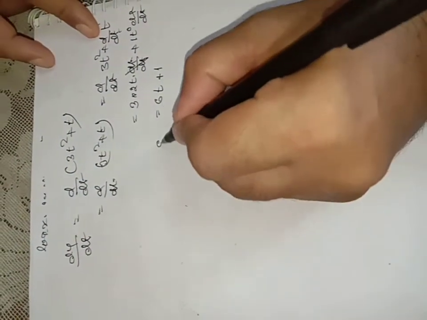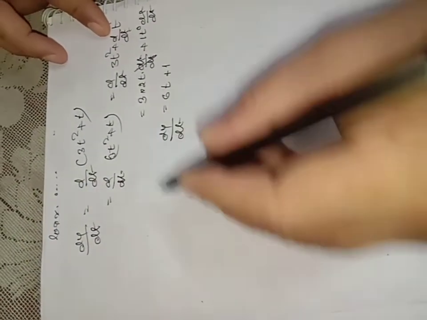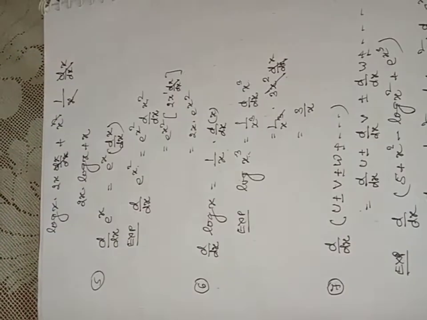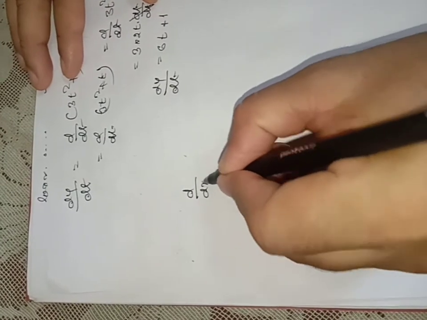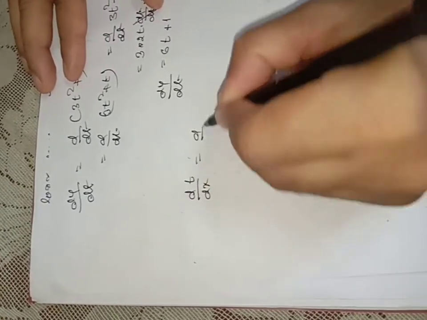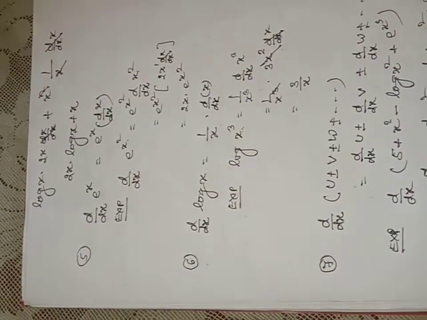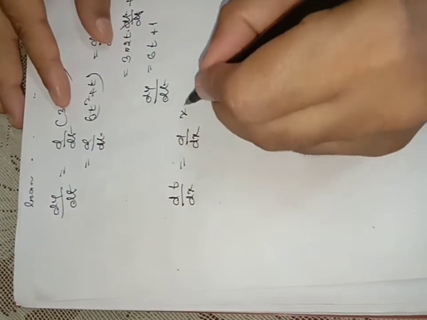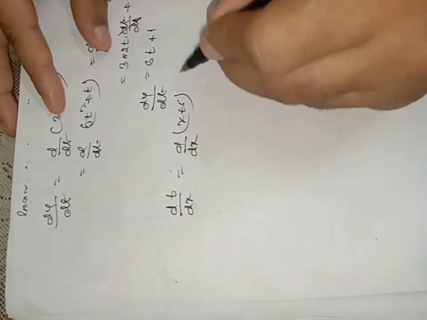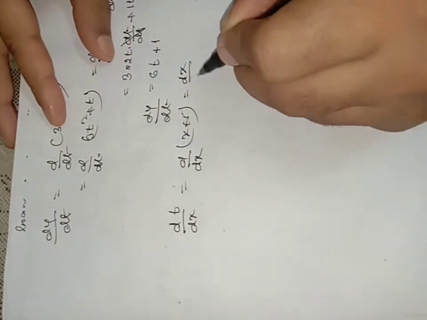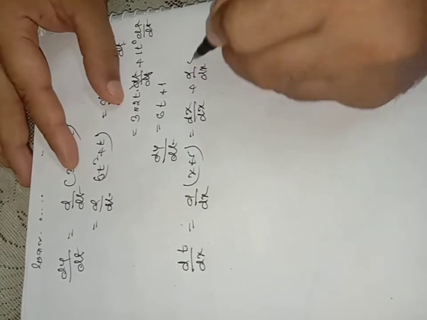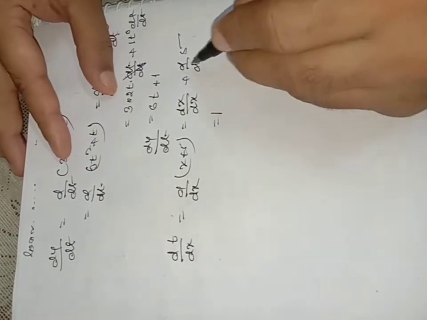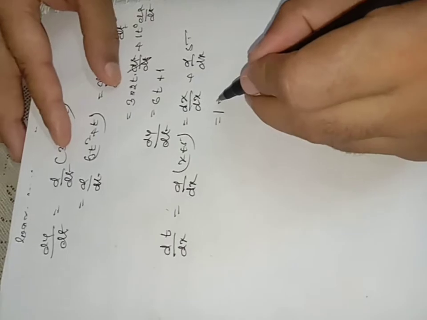So it is dy by dt, and dt can be differentiated with respect to x. So d by dx of t, and the value of t is given as x plus 5. So distribute, it becomes dx by dx plus d by dx of constant 5. Dx by dx is 1, and 5 is a constant, that is 0, so it is 1.